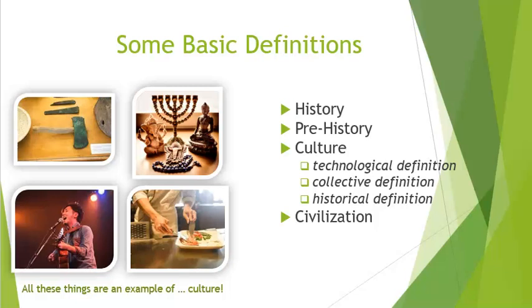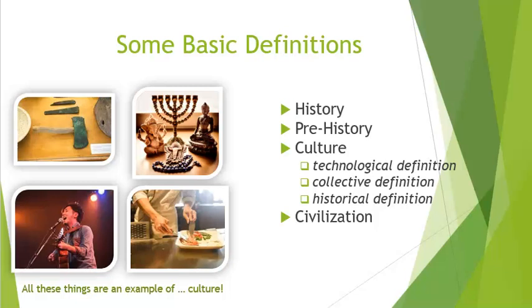It's all of the things that characterize a particular group of people, their language, customs, habits, architecture, tools, religious beliefs, etc., during a particular period or stage of their social development. So, in other words, when we speak of the culture of medieval Europe, for example, we usually have in mind such things as knighthood, chivalry, feudal land tenure, social relations, perhaps the Cathedral of Notre Dame, and so on.